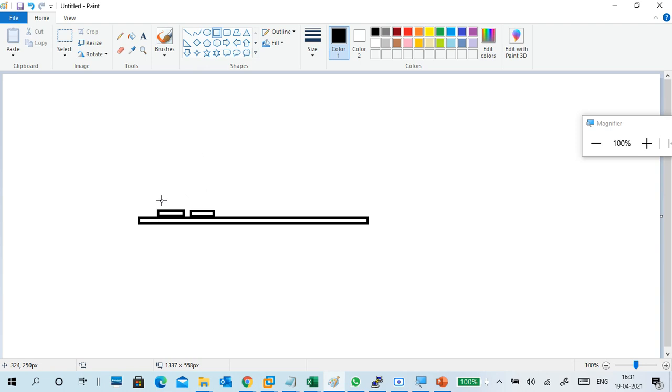Each IDE socket is connected to a ribbon cable, and each ribbon cable has two connectors.